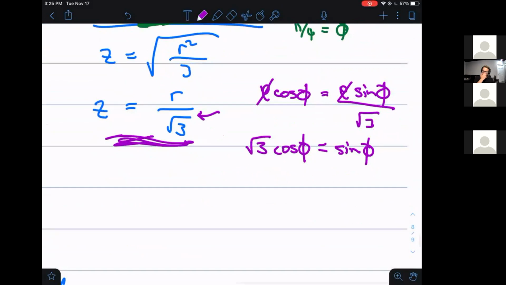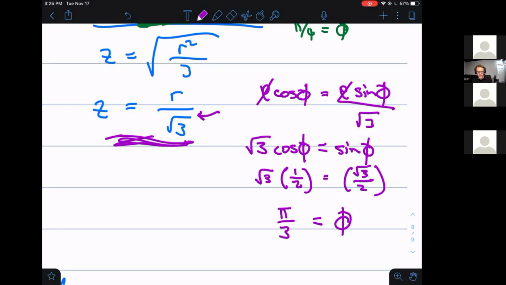And so I remember there's a place where cosine is 1/2 and sine is root 3 over 2. Right? So if you take the cosine value of 1/2 and you multiply it by root 3, you would get the sine value, the root 3 over 2. And of course, this is going to happen when phi is equal to pi over 3. At phi equals pi over 3, the cosine value is 1/2, and the sine value is root 3 over 2.